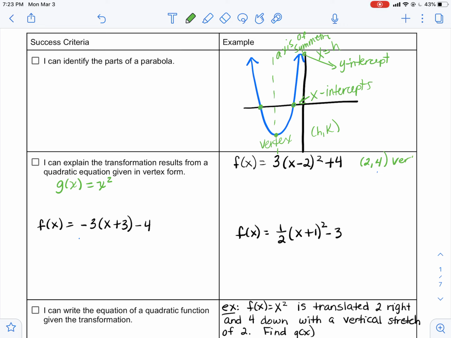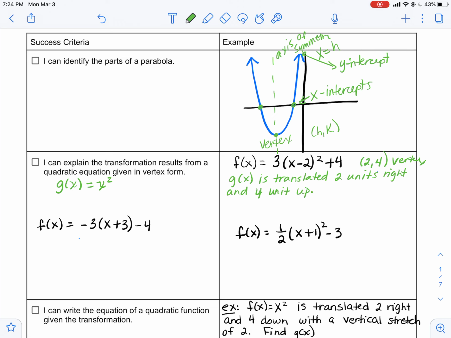That's my vertex. And so when you are telling what transformation, you would say that g of x is translated 2 units right and 4 units up.